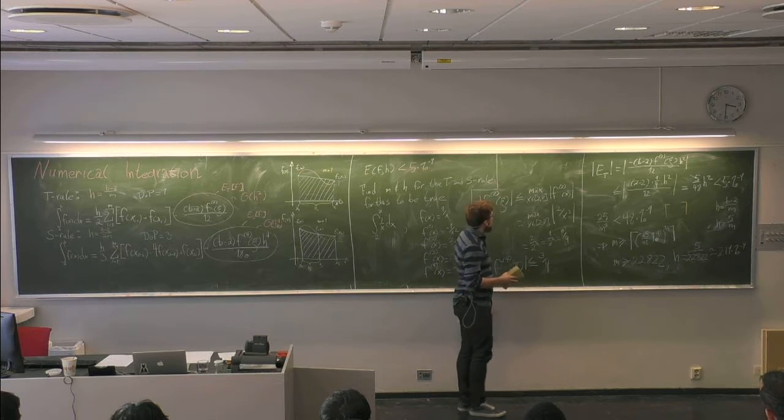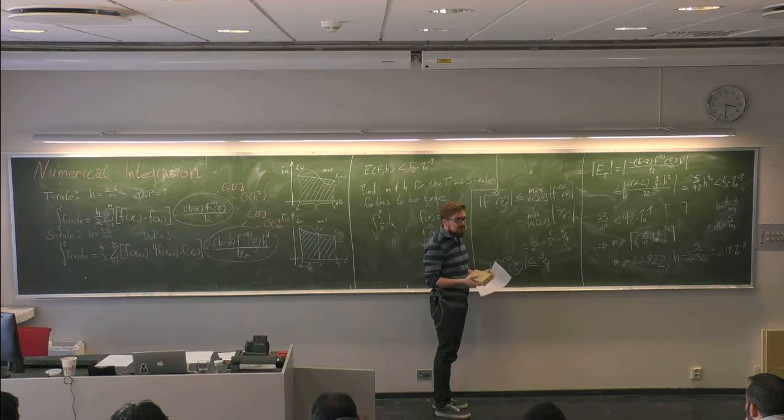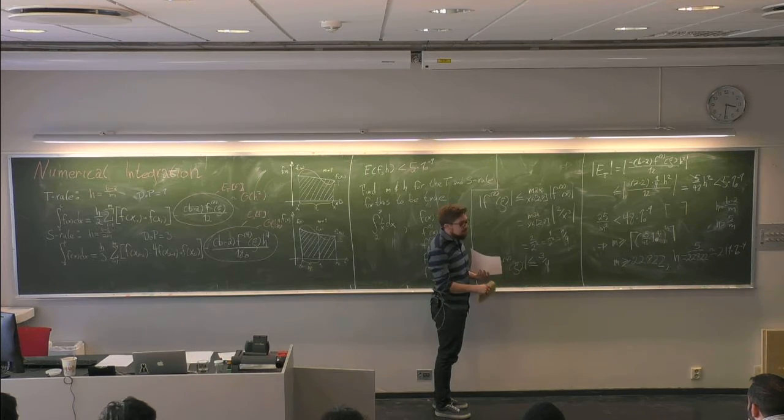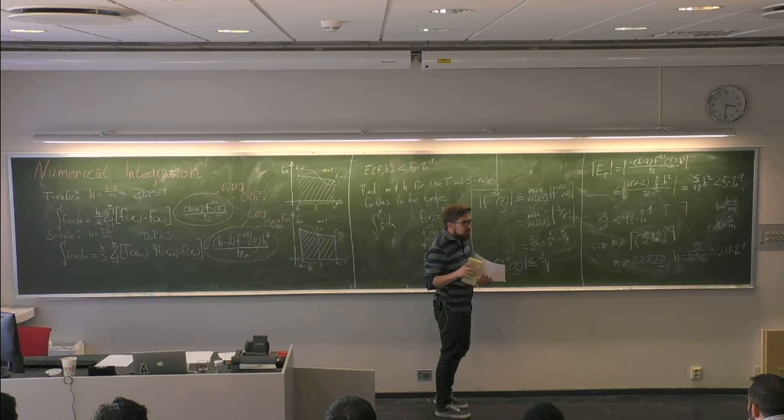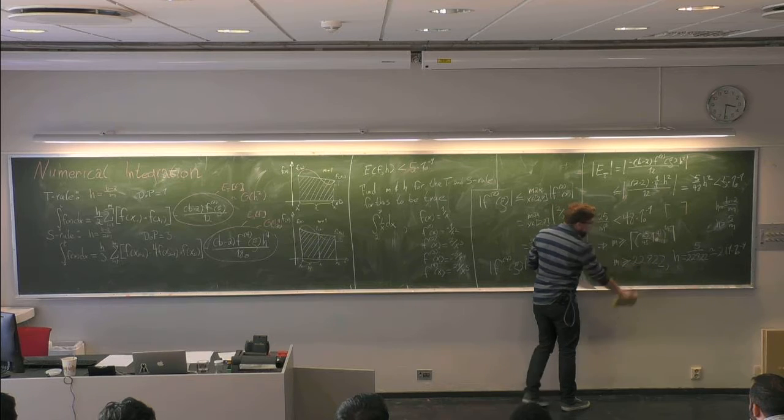Sometimes your function is very hairy, so you don't really know how to pick it, but this is a constructed example, so you can. The point is that you need a lot of intervals with the trapezoidal method.